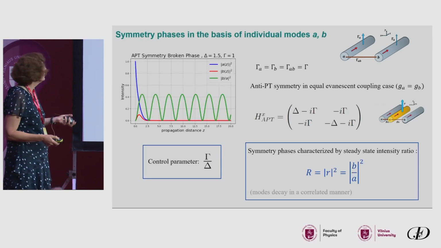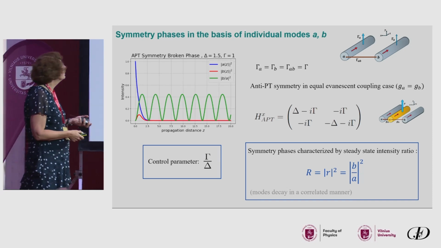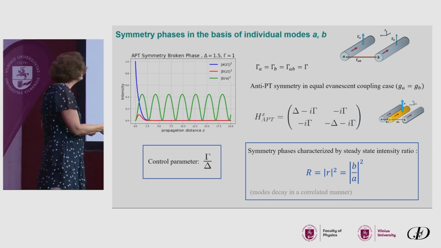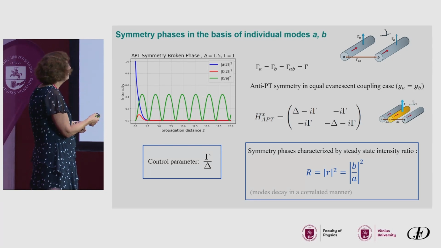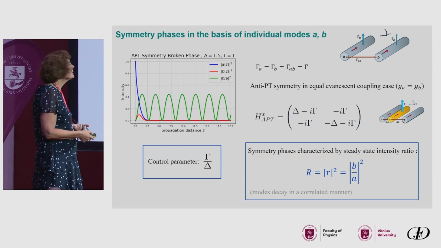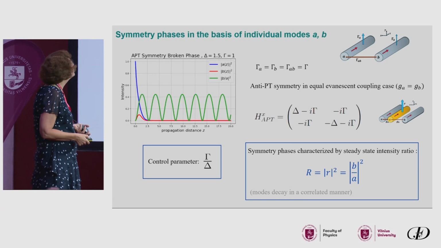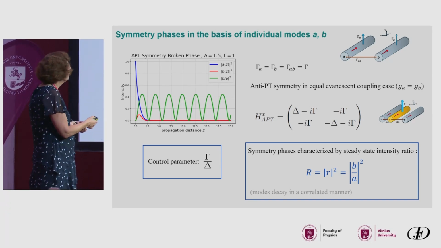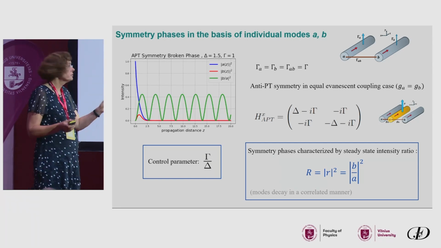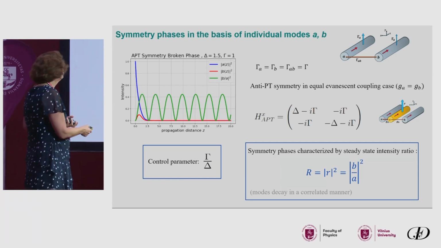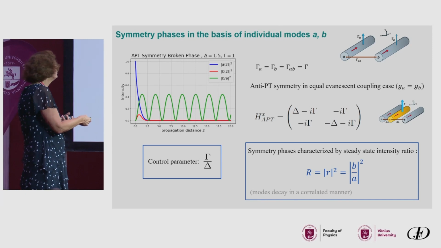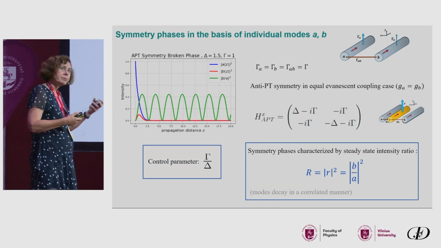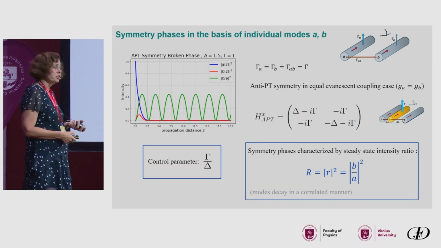And how does it look? You get the nicest symmetric properties if you take the equal constant coupling case between these modes. Then you have just one decay parameter, and your Hamiltonian becomes really very straightforward. The control parameter here is the interplay between the dissipative coupling and the detuning in energies.